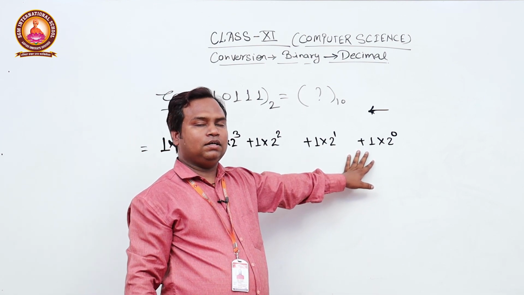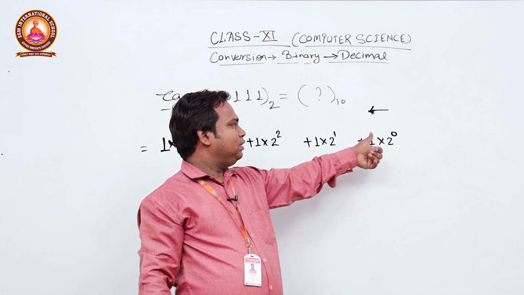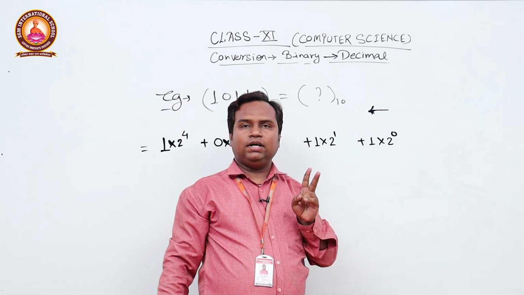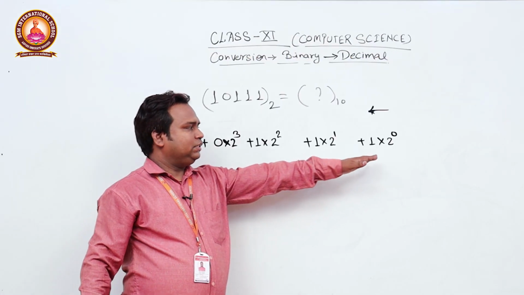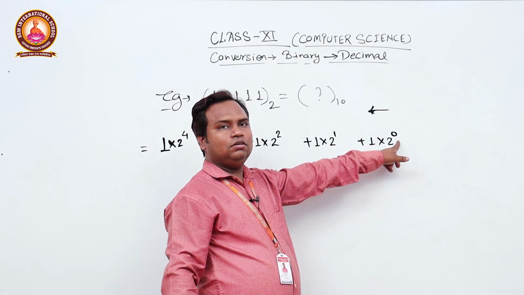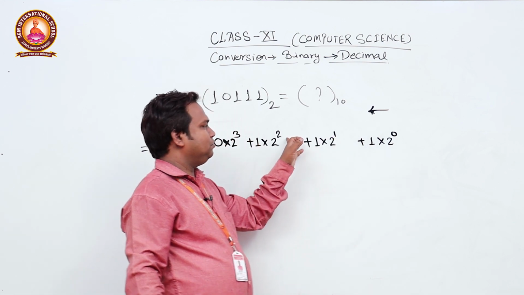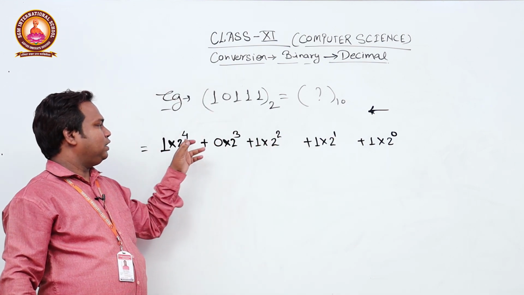Counting will start right to left, and it starts with 0, then 1, 2, 3 and 4.